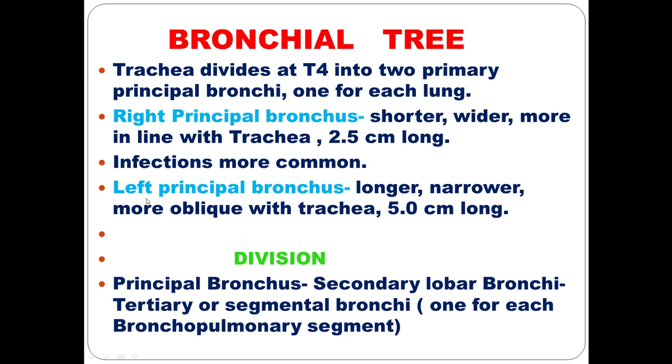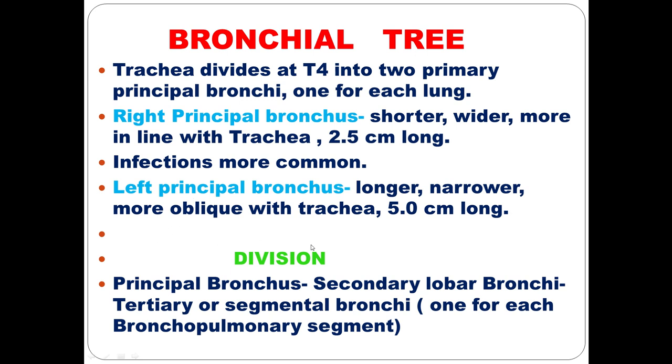What about the left principal bronchus? It is comparatively longer, about 5 centimeters long. It is narrower and more oblique with the trachea. So these are the features of the right and left principal bronchus.